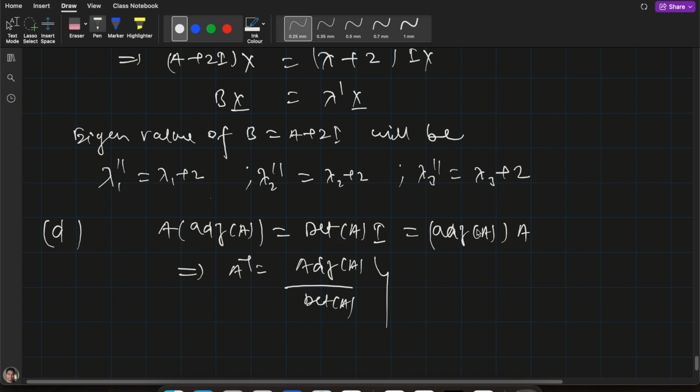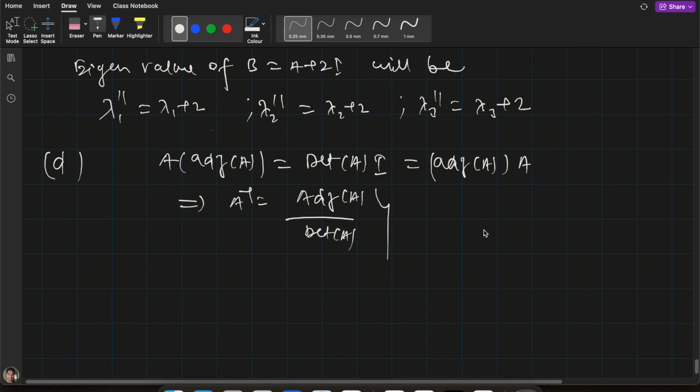Now use this equation to get the eigenvalue and eigenvector of the adjoint of A matrix. Take one minute and tell me what that will be.